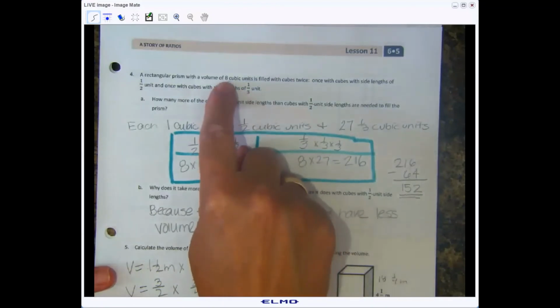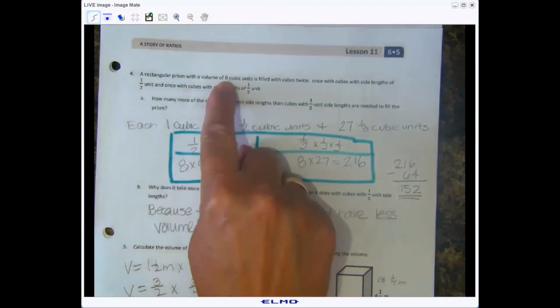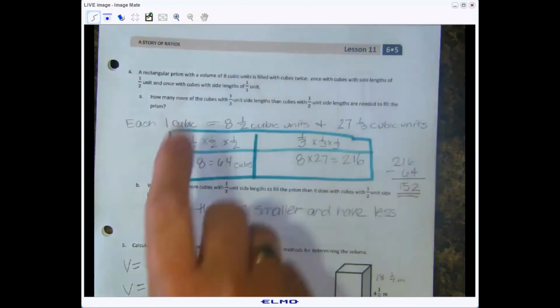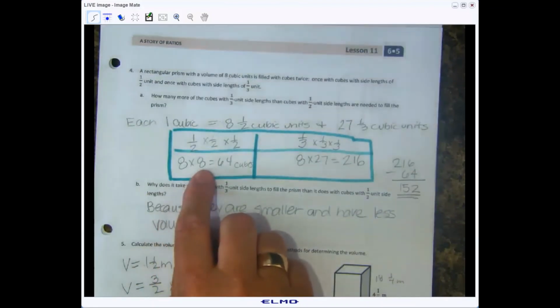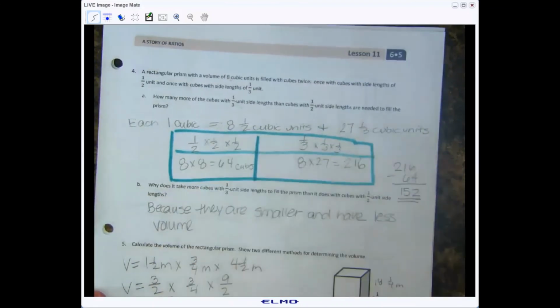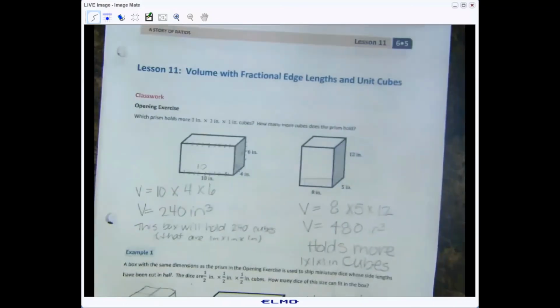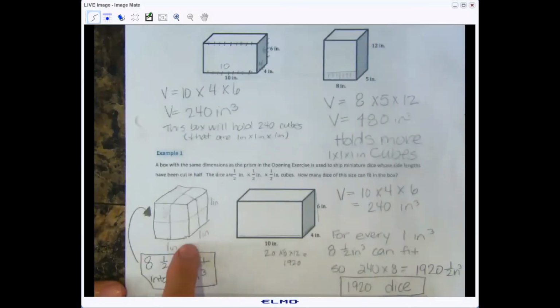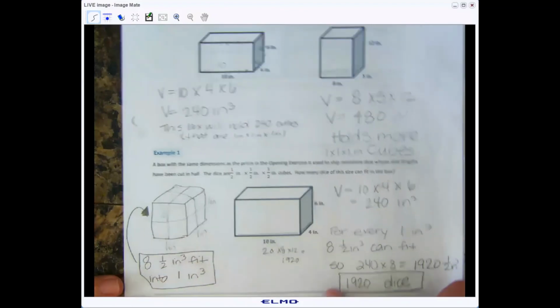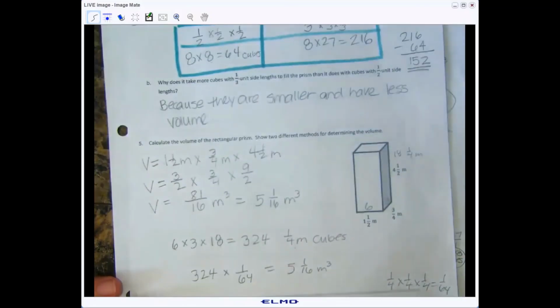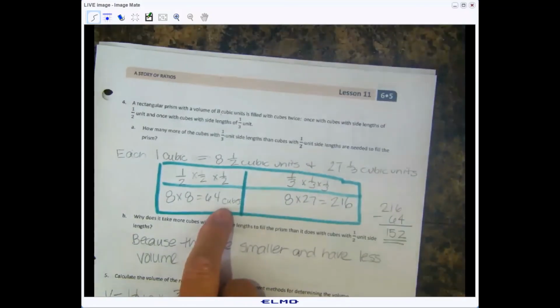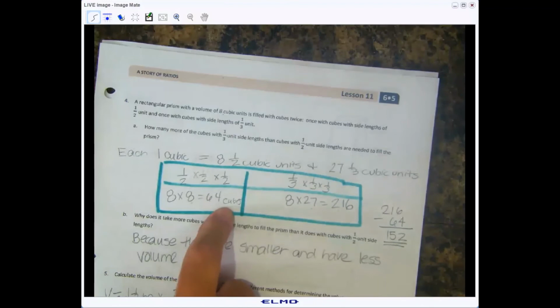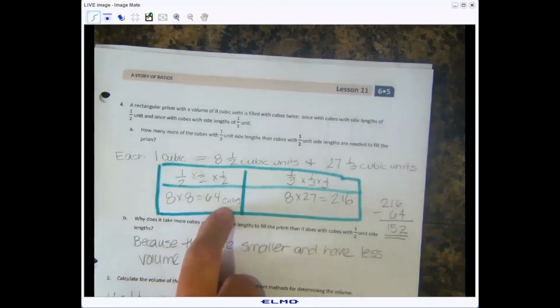So we take the volume of the box, which also happens to be 8, and we multiply it by 8, because there are 8 half-inch cubes in 1 cubic inch. So we know that there would be 64 half-inch cubes in the box.